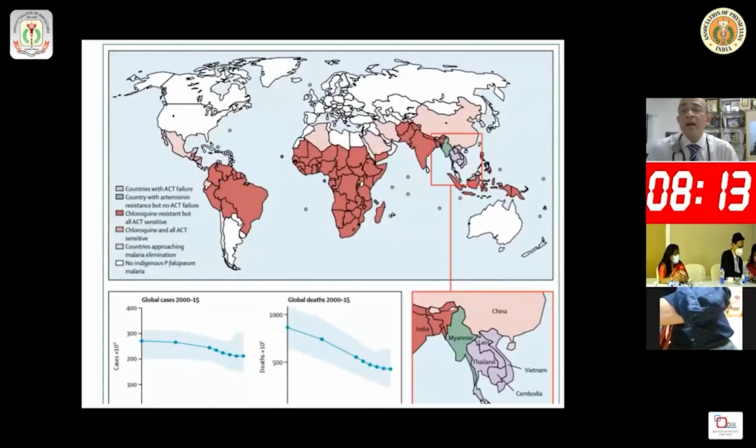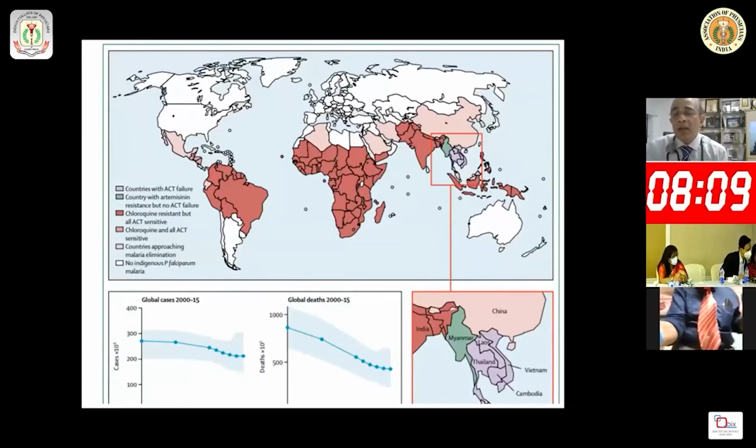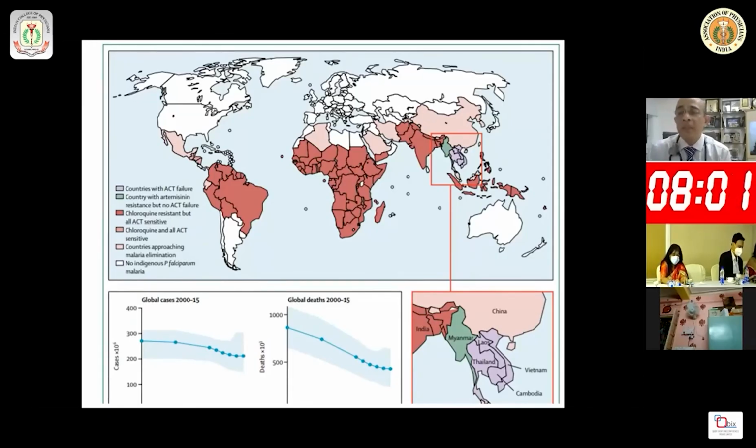What I want to highlight regarding malaria is the fact that artemisinin combination therapy is now established for falciparum infections. And this is now routinely given for all cases of suspected falciparum, but we are finding falciparum which is resistant to artemisinin combination therapy in this part of the world, typically Thailand, Laos, Cambodia, and Myanmar.